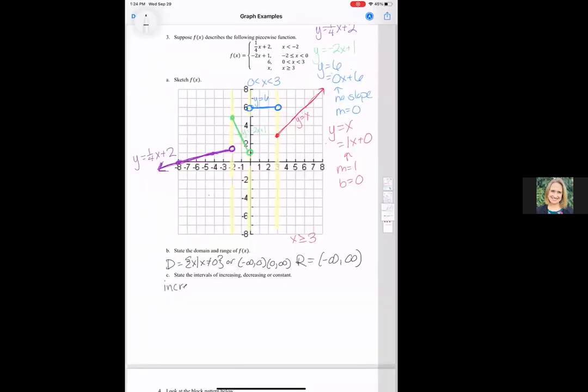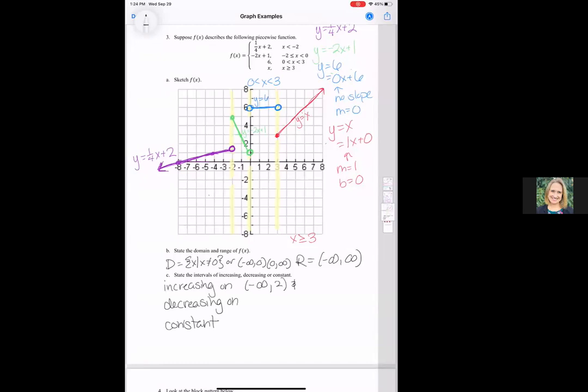And lastly, our intervals, we have increasing on, decreasing on, and constant. Now you can look at the individual pieces. Increasing means we have that positive slope. So you can look at the equations, which ones have that positive slope? And so we can see that from negative infinity all the way to 2.